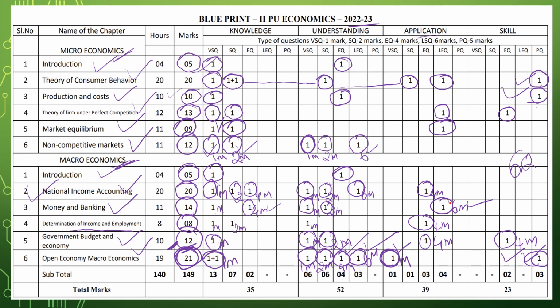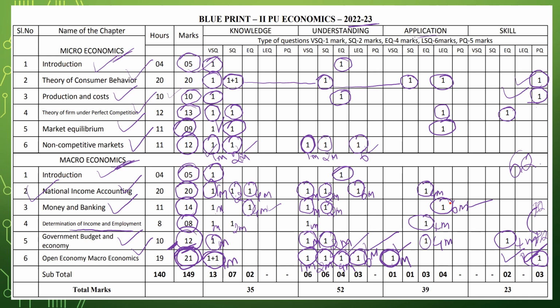Even under government budget there is one practical oriented question, and even under money and banking we have a practical oriented question. If they raise a question from this, then they are going to skip the question from open economy.